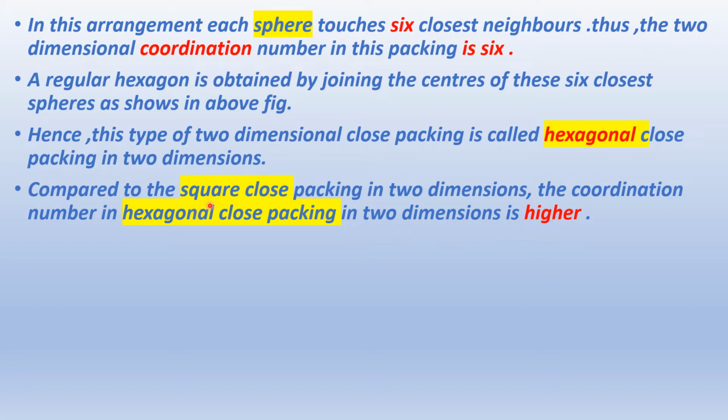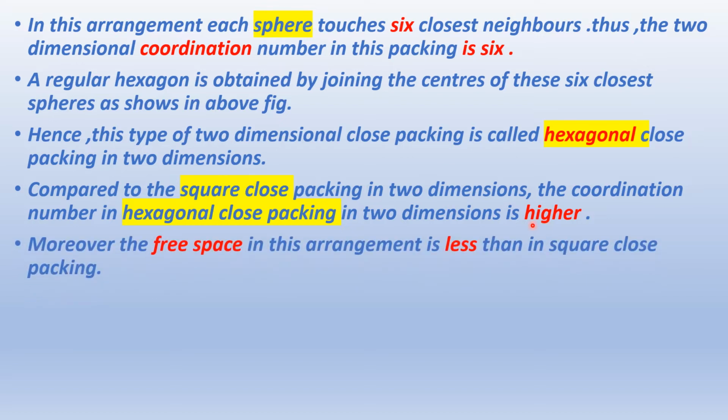You have to simply observe that in square close packing, the void space inside is higher than in hexagonal close packing. Next, moreover, the free space in the arrangement is less than in square close packing. So simply, the free space is less than in square close packing, in hexagonal close packing.